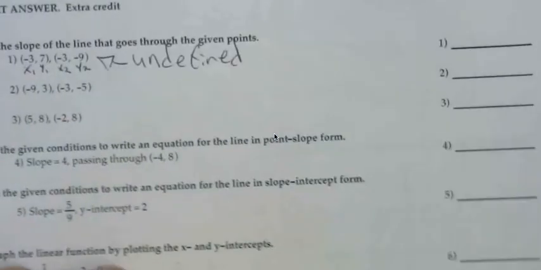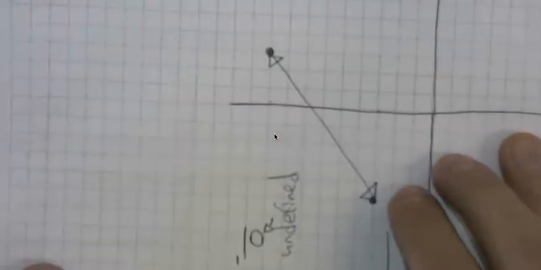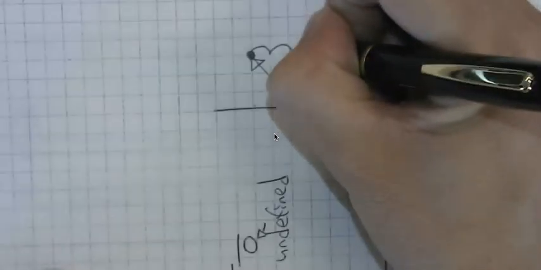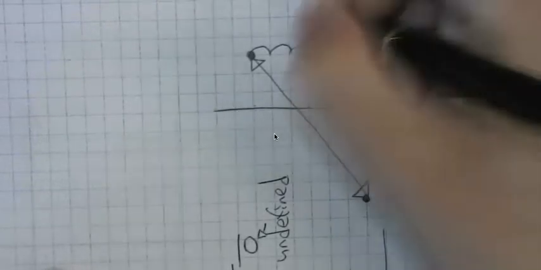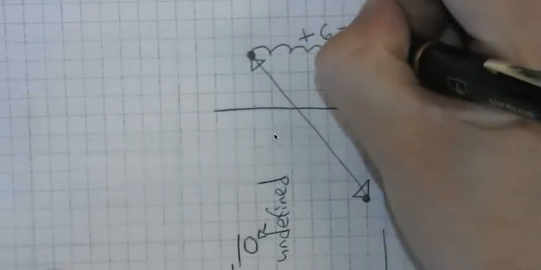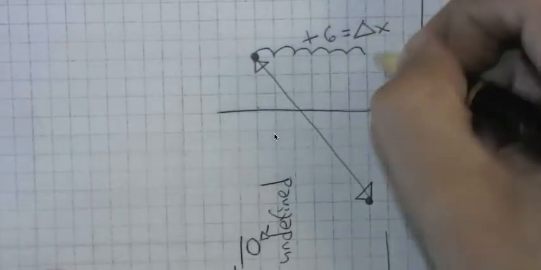The next one has a little bit more work to it. If we take a look from graphing these 2 points out, it would look like this. Measuring our change in x, this is over once, twice, 3 times, 4 times, 5 times, 6 times. So +6 is our change in x.